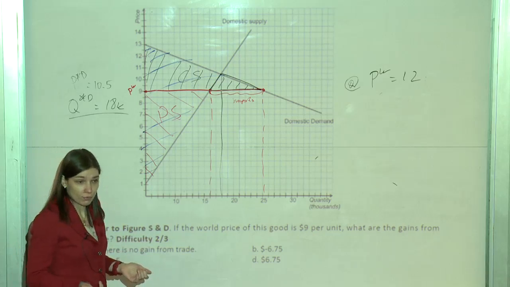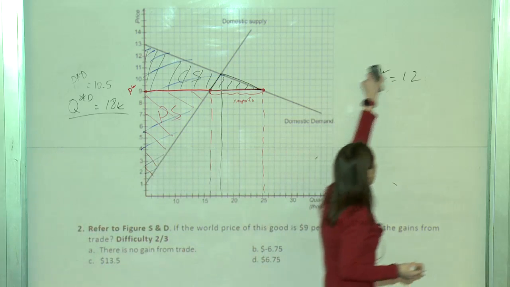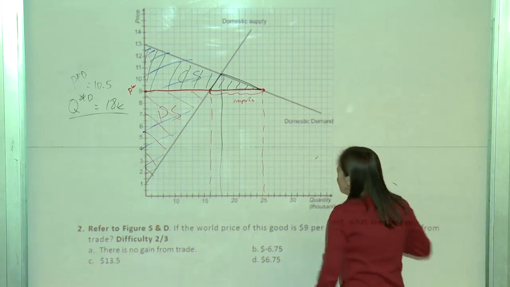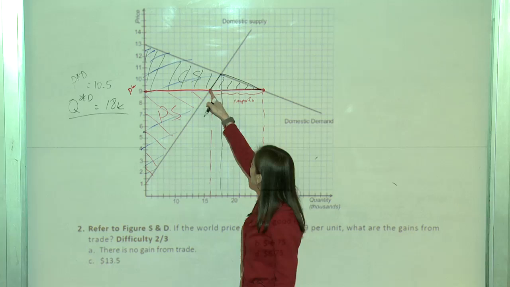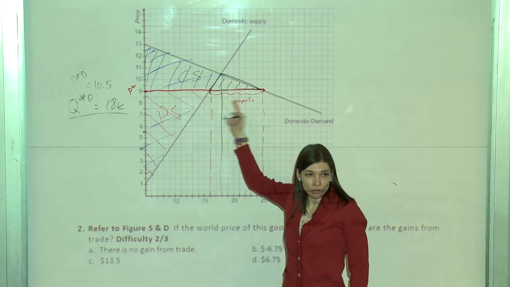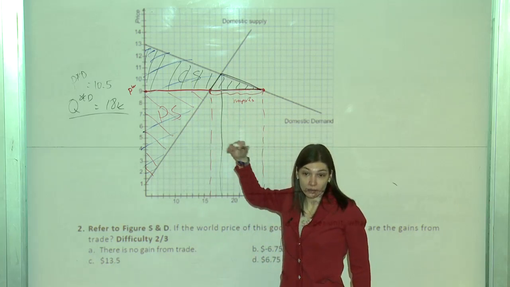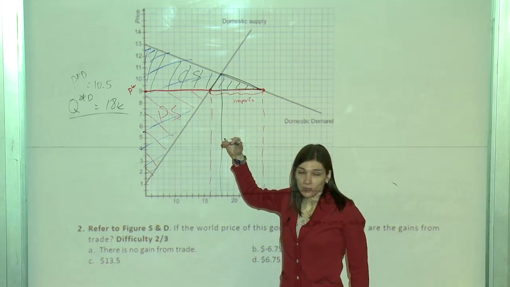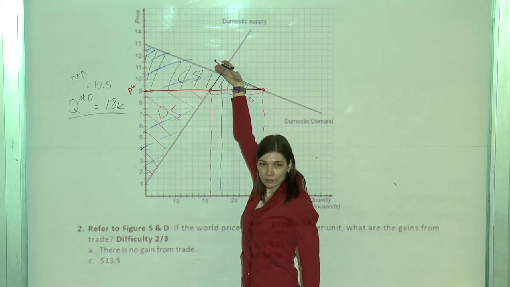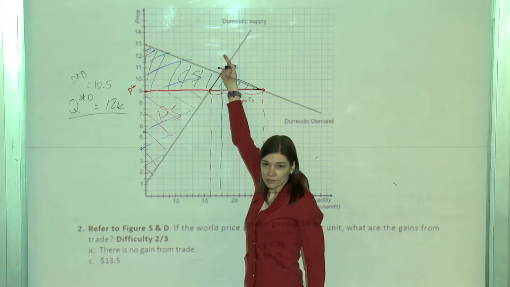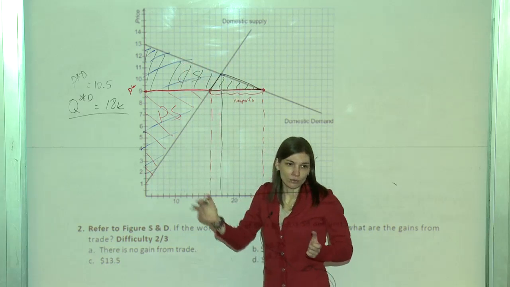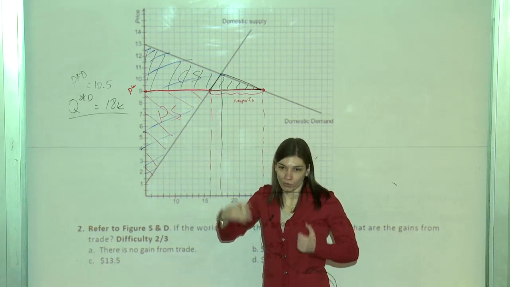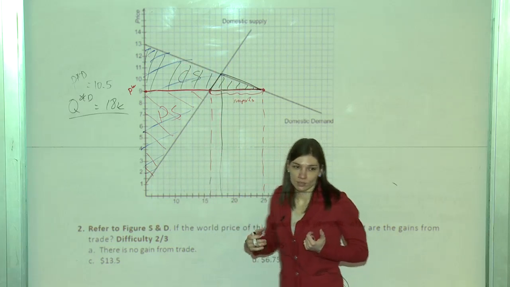If you want to have it as a formula, let's figure out how to find the area. The base of this triangle is the difference between the quantity demanded and quantity supplied at the world price. And if it were below the domestic price, then it would be quantity supplied minus quantity demanded. So I'm going to put this in a way so you can use it for both exports and imports.